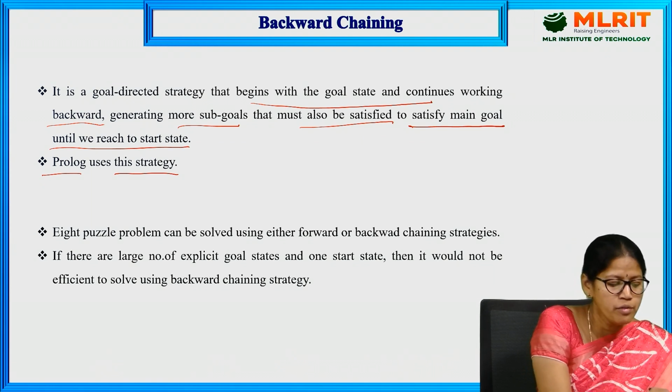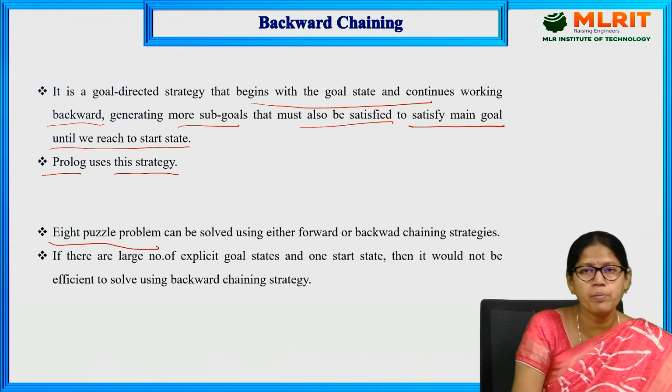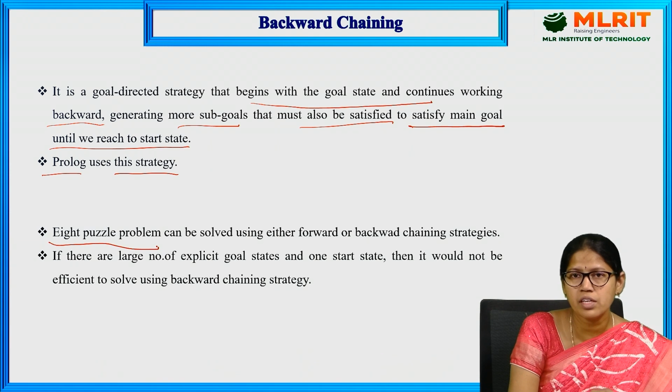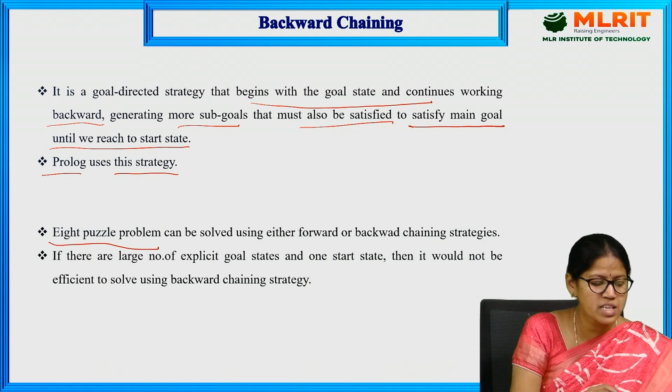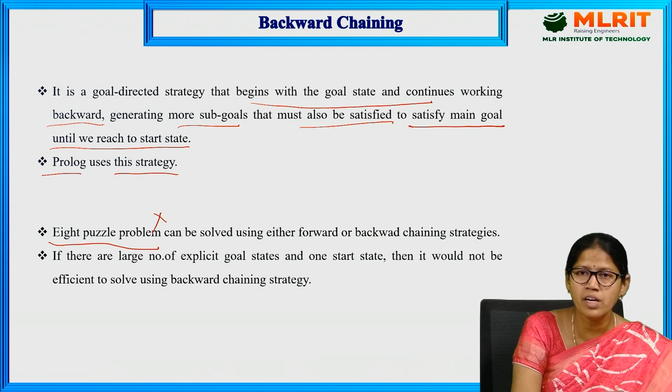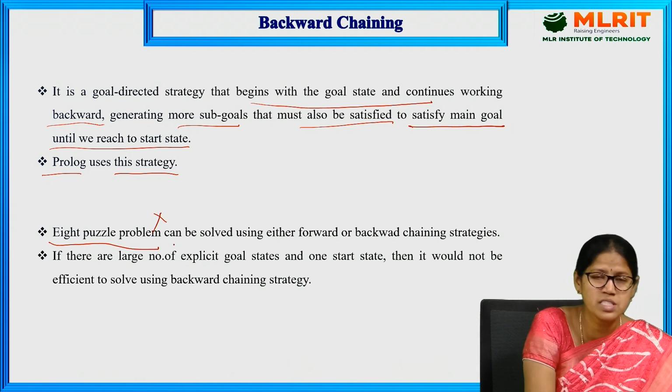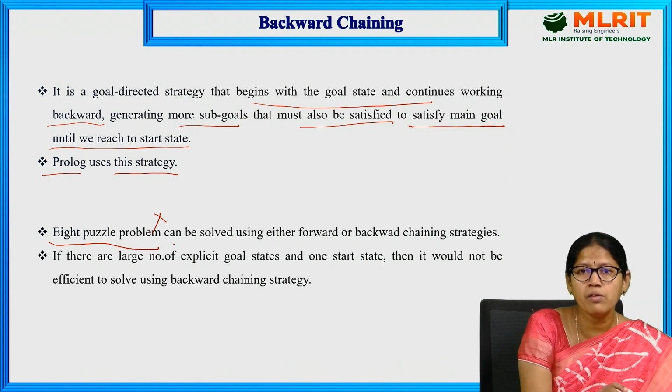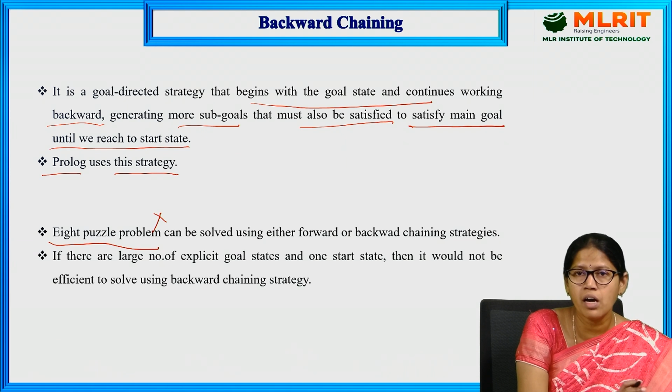If you apply the 8 puzzle problem using the backward chaining strategy, it is somewhat difficult. We can apply backward as well as forward to solve this 8 puzzle problem, but which state is nearest or closest to the start state, we can't predict.